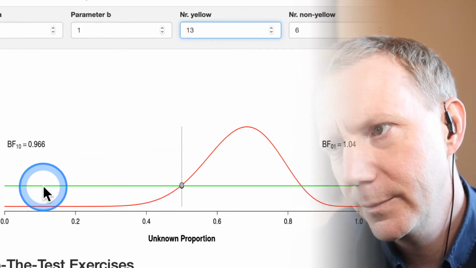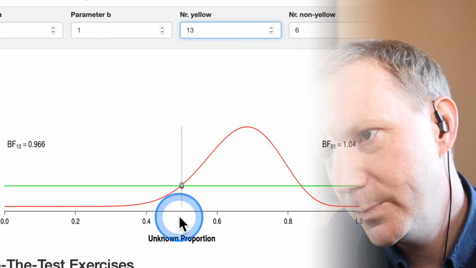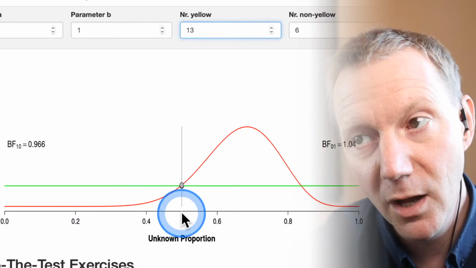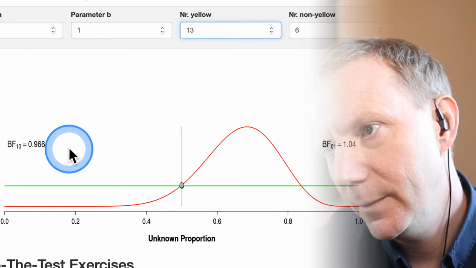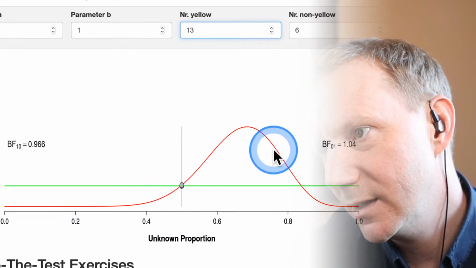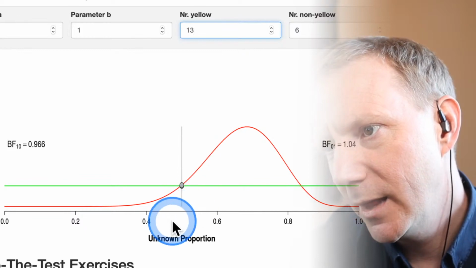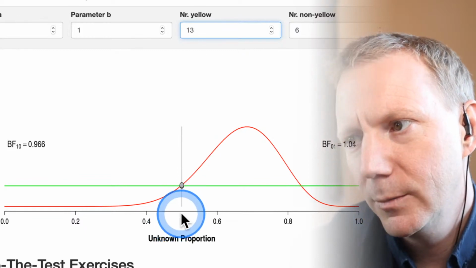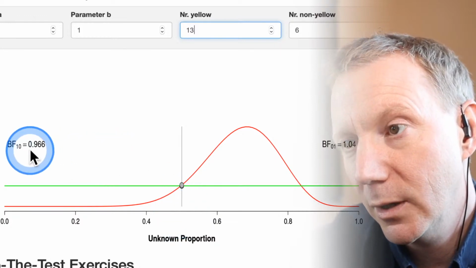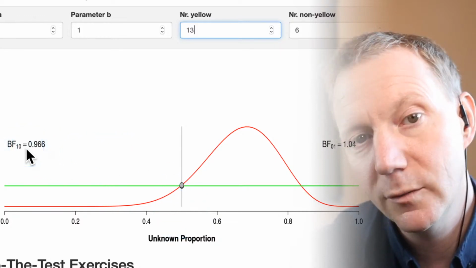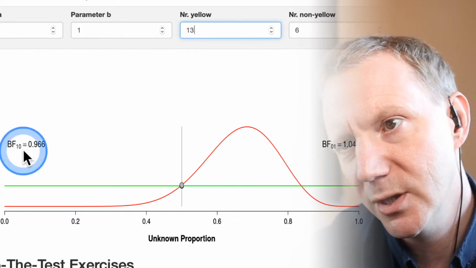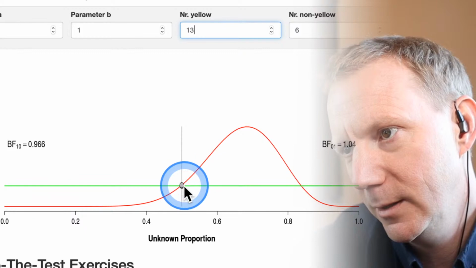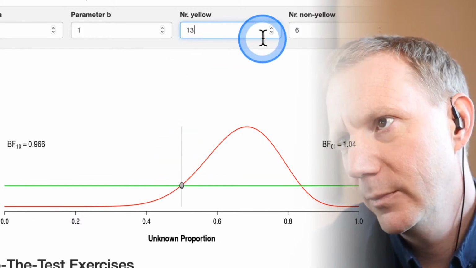prior belief. So this special value of 0.5, which would represent the null, is, even if this distribution changes, the ratio of 0.5 for the posterior distribution or for the prior distribution is equal. You see, these values are actually the same.